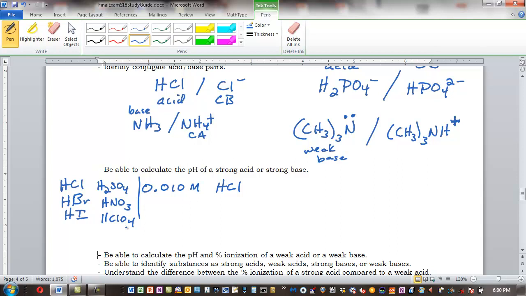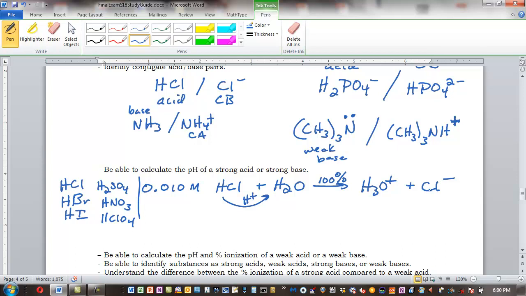So if you have a strong acid, what do we assume about that strong acid? It completely ionizes. So that HCl in water completely ionizes 100% to hydronium and the conjugate base.